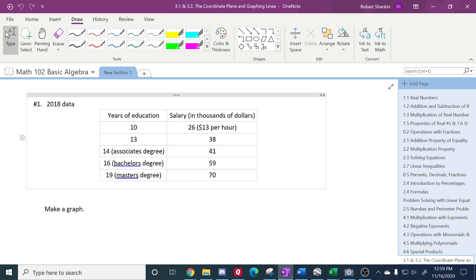So 13 years of education, the average salary is $38,000. Now with 10 years of education, the average salary in 2018 in the United States was $26,000 per year.